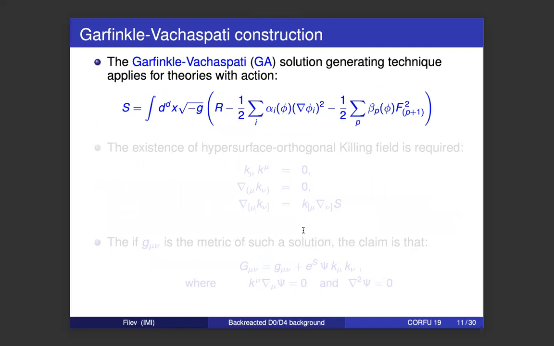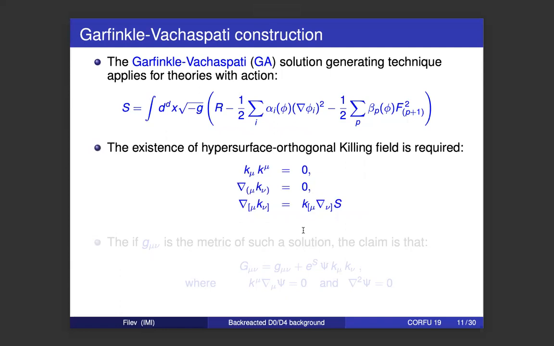Now, how is this technique working? Well, it applies for actions of this form, which are, you know, the type 2B and type 2A. If you ignore some fields, the theories are of this form, but the 11-dimensional supergravity is definitely of this form. So it applies for actions of this form, and it relies on the existence of a hypersurface orthogonal Killing field.